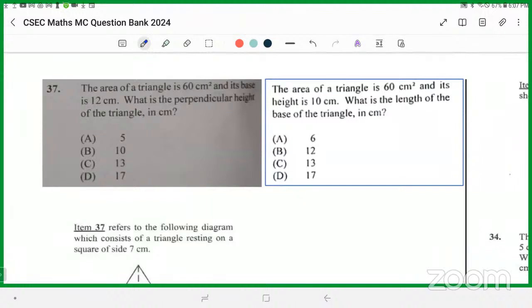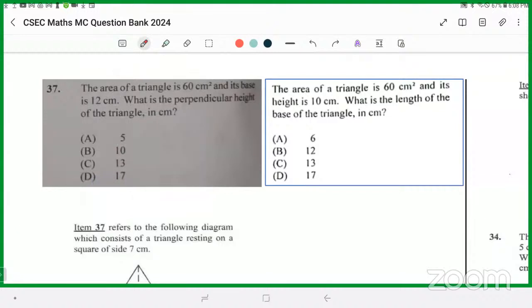The area of a rectangle is 60 centimeters squared, and the base is 12. What is the height? It's like a question we did before. This one said the area is 60 and the height is 10, and now asking us for the base. So the same kind of question. Let's do it in red.